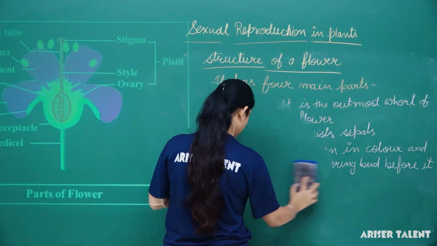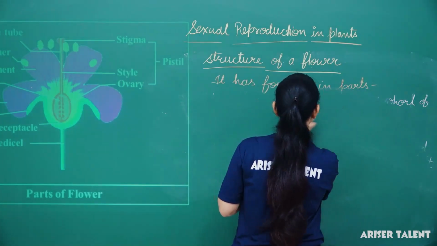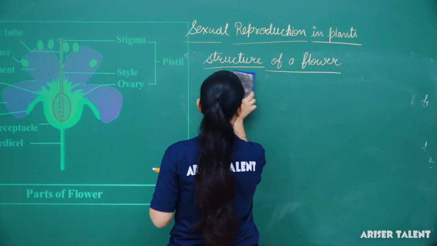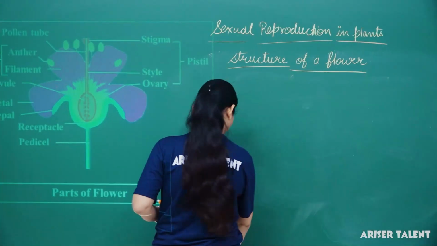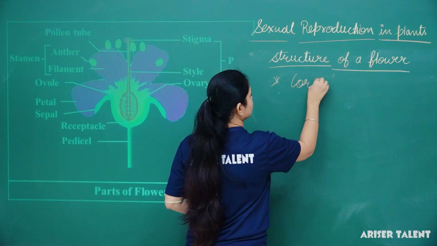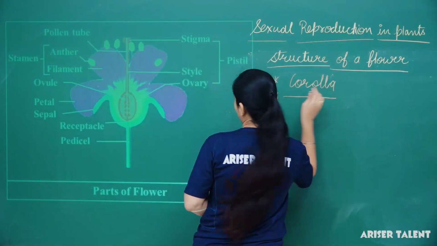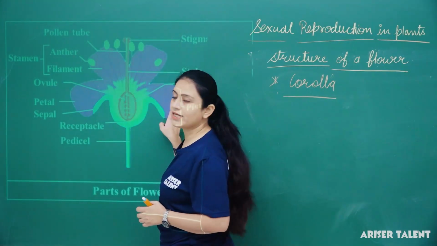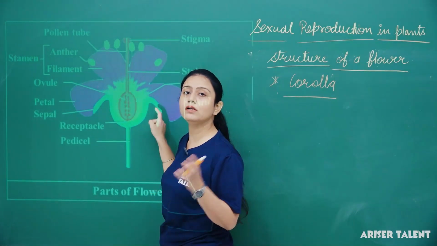Second part is corolla. Here we can see this part is known as corolla, which consists of colorful petals.